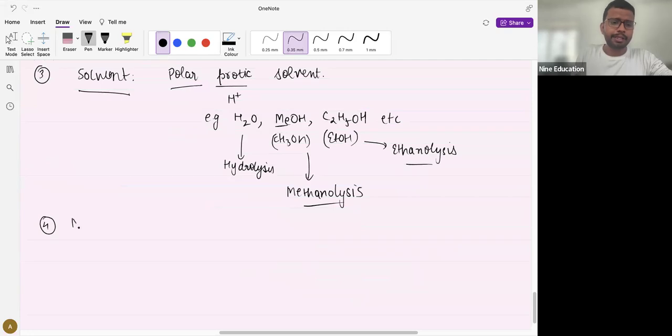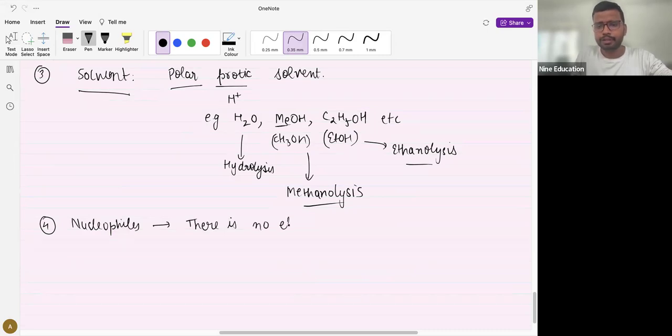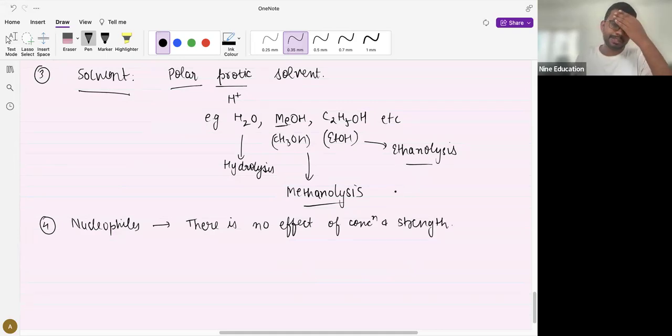I am writing effect of nucleophiles. Effect of nucleophile देखते. There is no effect of concentration and strength of nucleophile. इसको तो कोई भी चलेगा भाई. वंस में कोई कुछ भी आया, ये तो सॉल्वेंट भी, he can use solvent also, इसको कुछ भी चलेगा है ना.